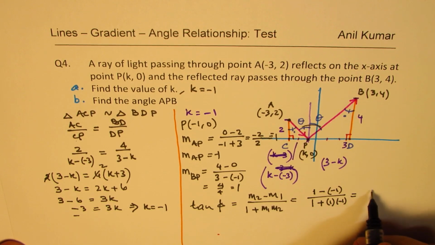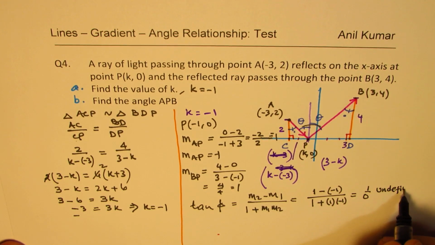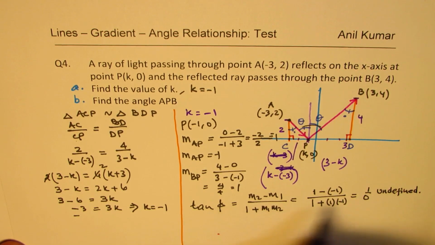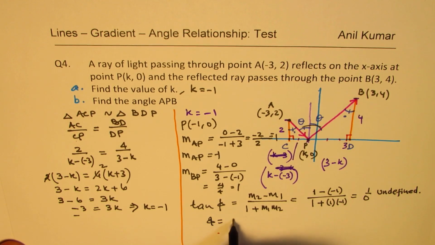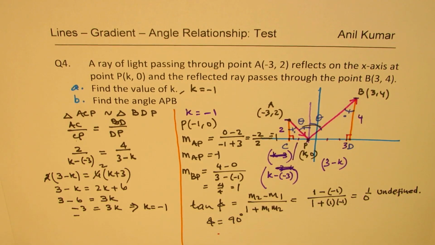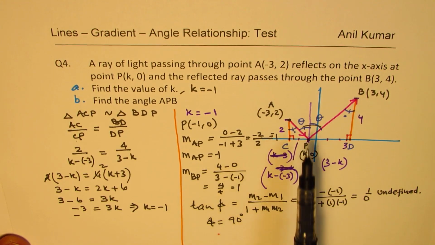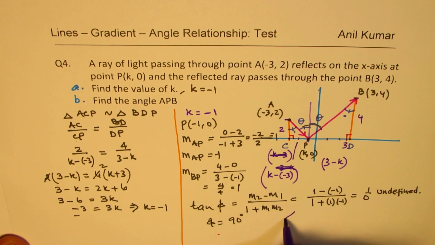So that gives you a value which is 1 over 0, or undefined. So tan phi is undefined, that means phi is 90 degrees. Is that okay? So using the formula also you get the same result. Phi is 90 degrees. So the angle APB is basically 90 degrees.